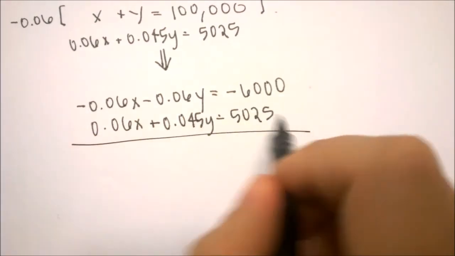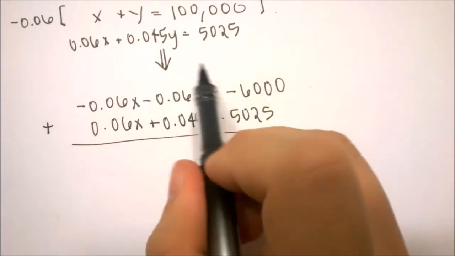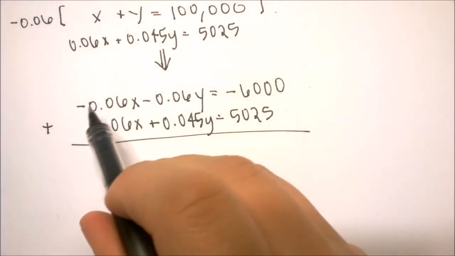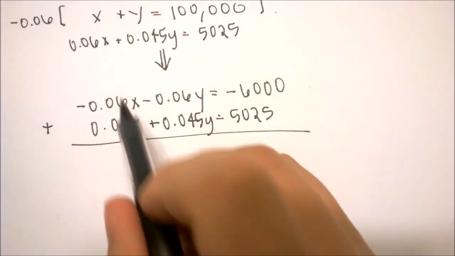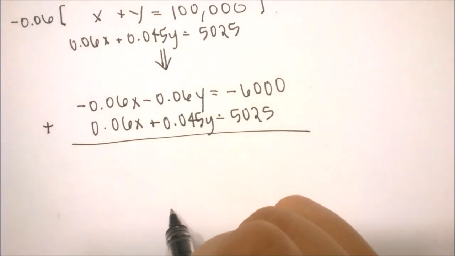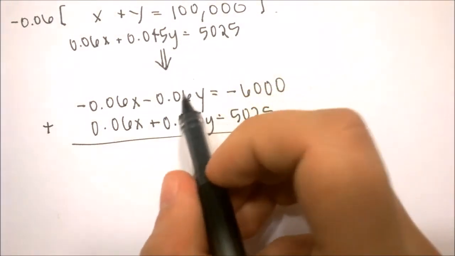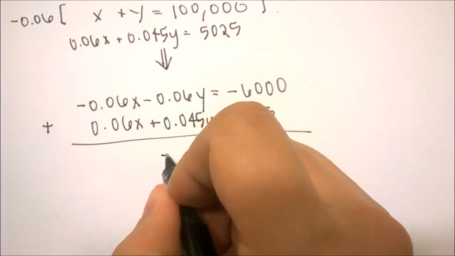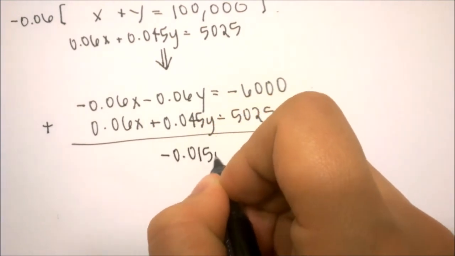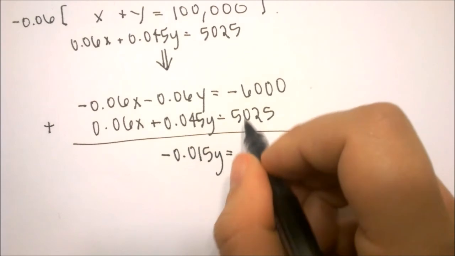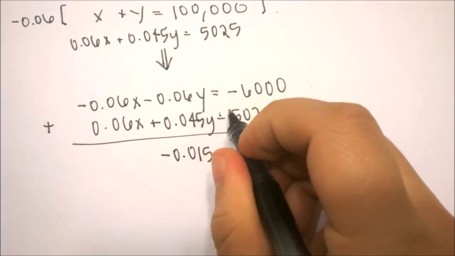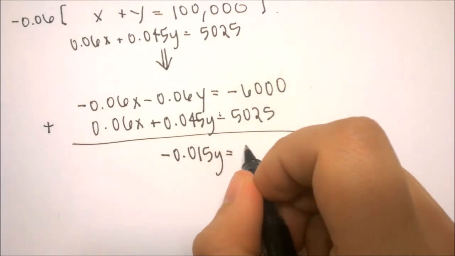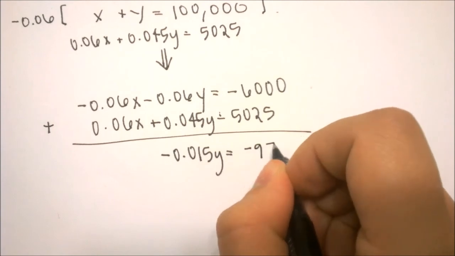So let's just add these equations together, the like terms. So the x's cancel because that's a positive and a negative, and that's just going to equal 0. And then negative 0.06 plus 0.045 is going to be negative 0.015y, and that's going to equal, if you add those together, negative 975.